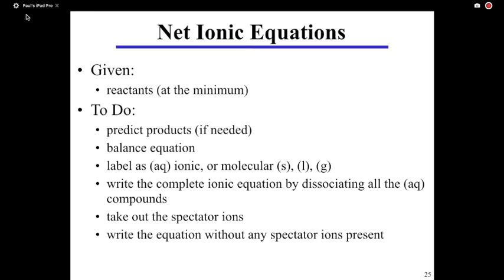Once we've done that and have articulated everything that's happening, we take out the spectator ions. We know spectator ions are those that are unchanged from the reactant to the product. They don't change at all. They look exactly the same. And then we write the equation that is left without any of the spectator ions, and that is the net ionic equation, or what's really happening.